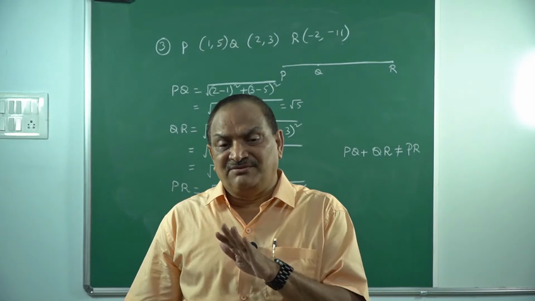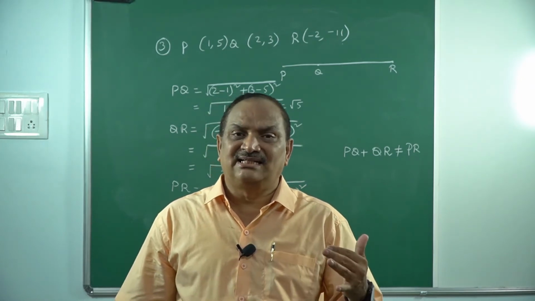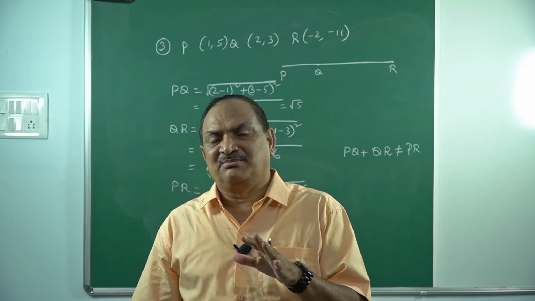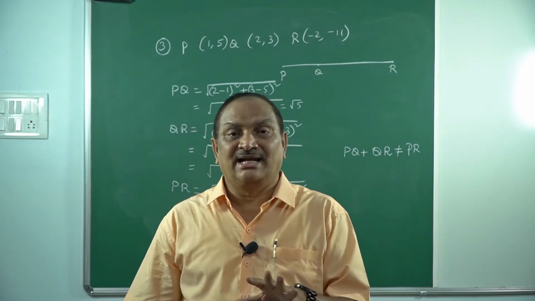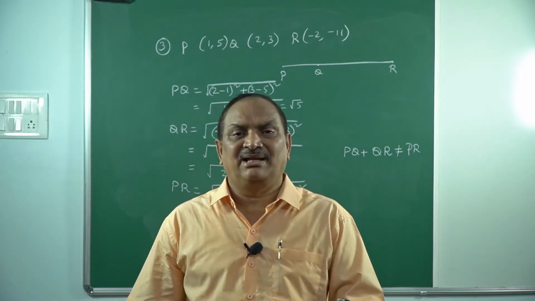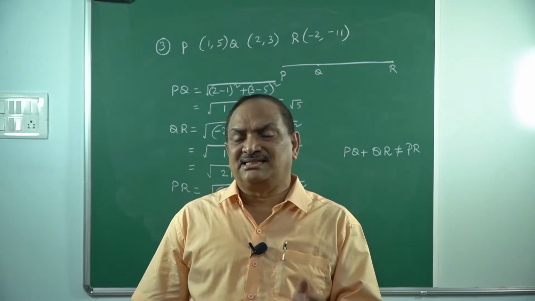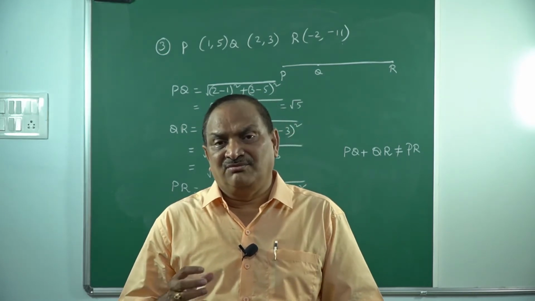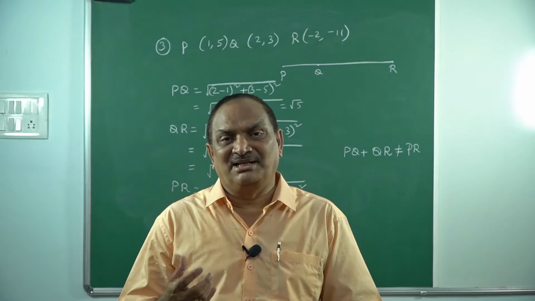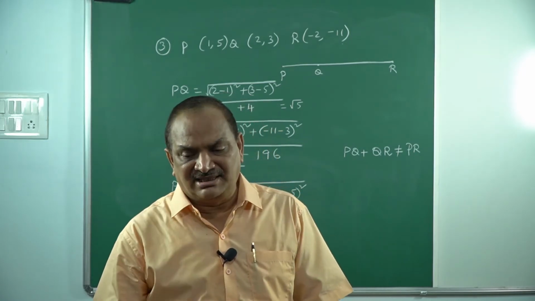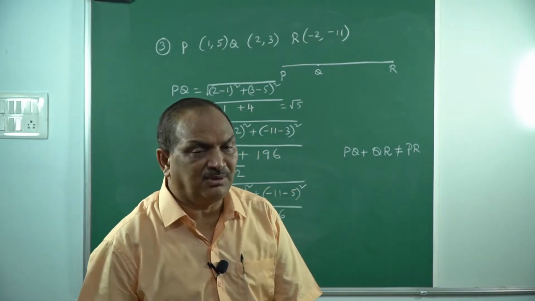So if the sum of 2 sides is the same as the third side, that tells that the points are collinear. No triangle is formed, the points are lying on the same line. But in this particular case, the distances we have found don't form collinear points. Okay, and with that, we move to the next problem.